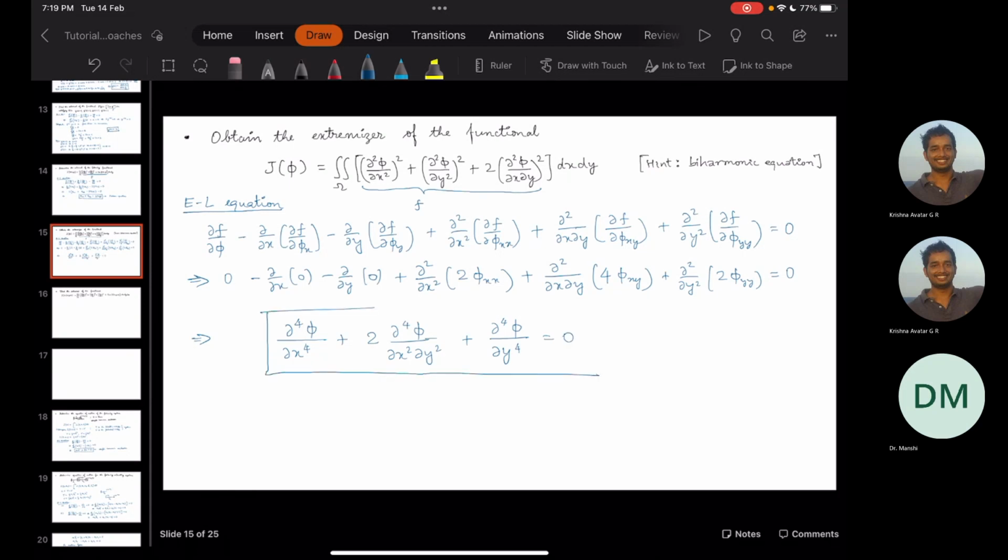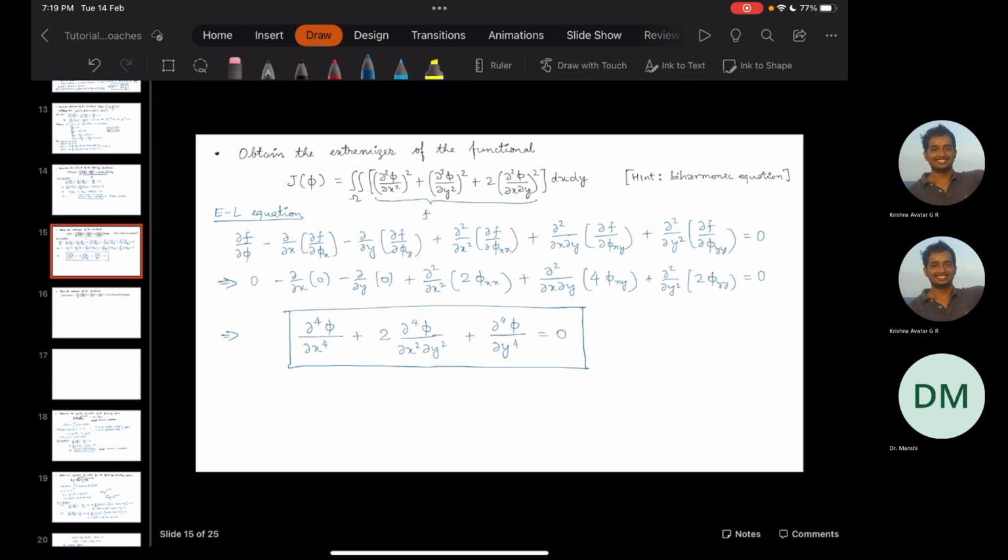I'm sure anyone who has studied solid mechanics should recall this equation, right? So this is nothing but what we call the biharmonic equation.